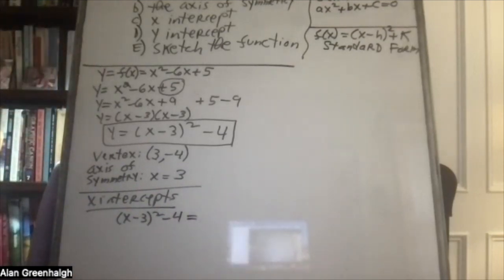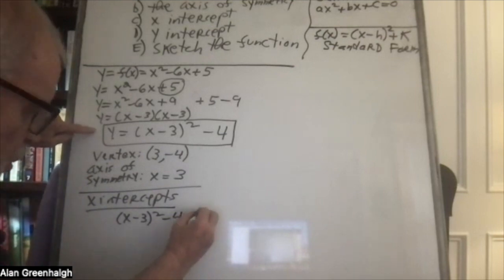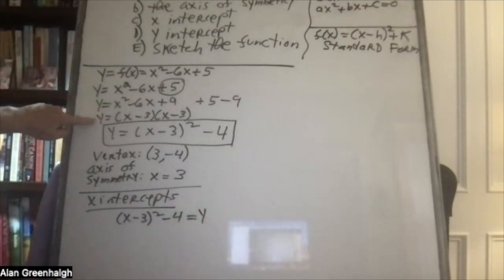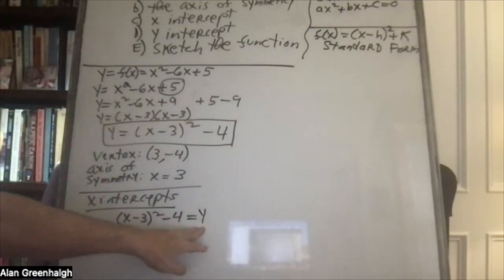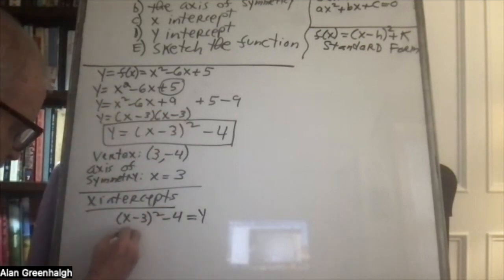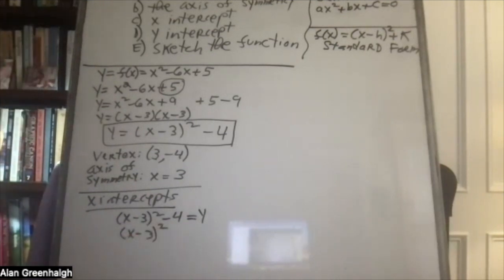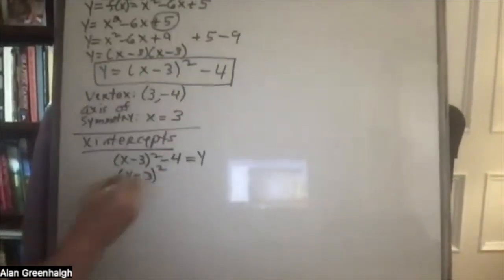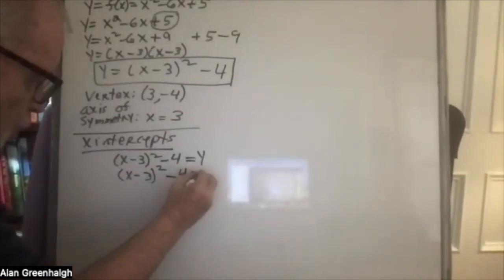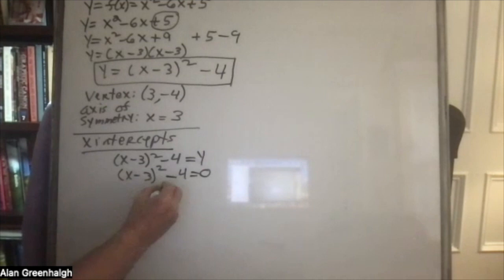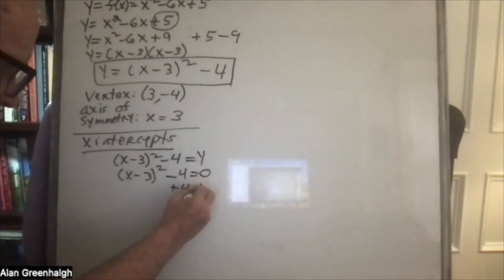See, this is when it's a good idea to put the y over there. So you're constantly moving the y back and forth. It's here, now it's there. Now we're going to make it equal to 0 because the definition of the x-intercept is the value of x when y is 0. So let's let y equal 0. Now let's bring over the 4.